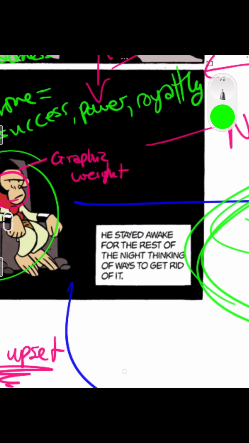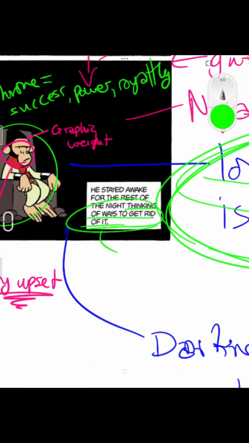And so then we go down here and it says he stayed awake for the rest of the night thinking of ways to get rid of it. That is pretty intense, right? Because if we look at this as, again, layers of a story, very literally, it's a monkey who became a god and was rejected, and he came back and he suddenly smells his own animal scent. And he's bothered by that. And so he thinks he's got to get rid of it.